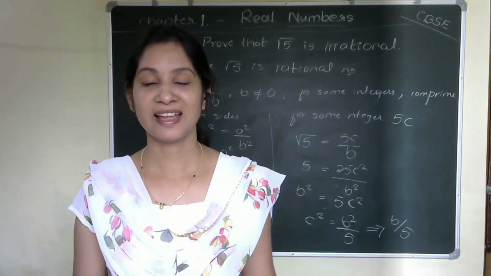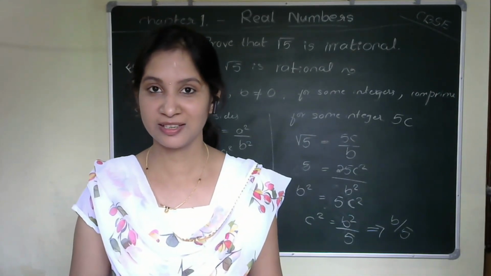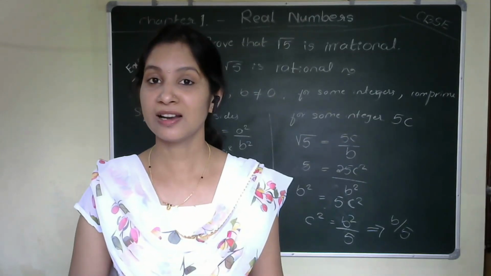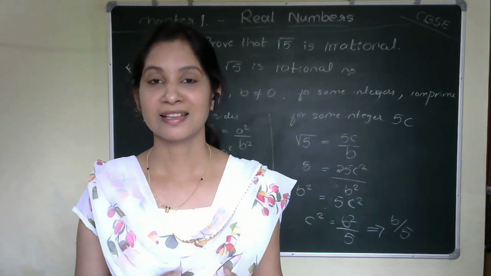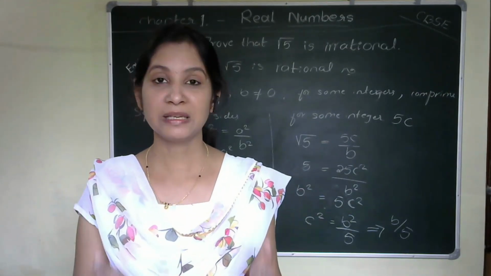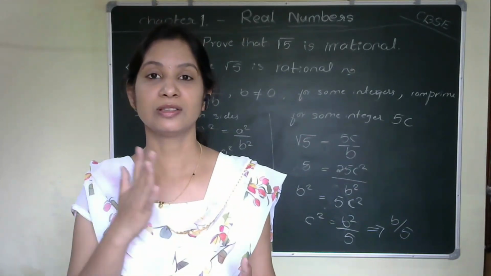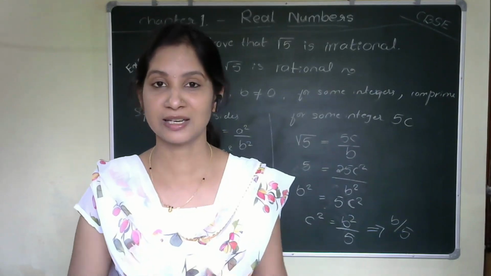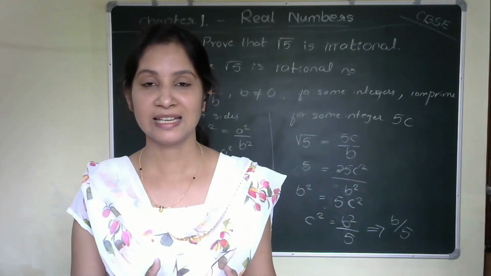Other concepts like revisiting rational numbers and their decimal expansion, Euclid's division algorithm, as well as the Fundamental Theorem of Arithmetic, we will discuss all these things in our coming videos. Please stay tuned and you will get consecutive videos on each chapter, and we will cover all the chapters of mathematics.